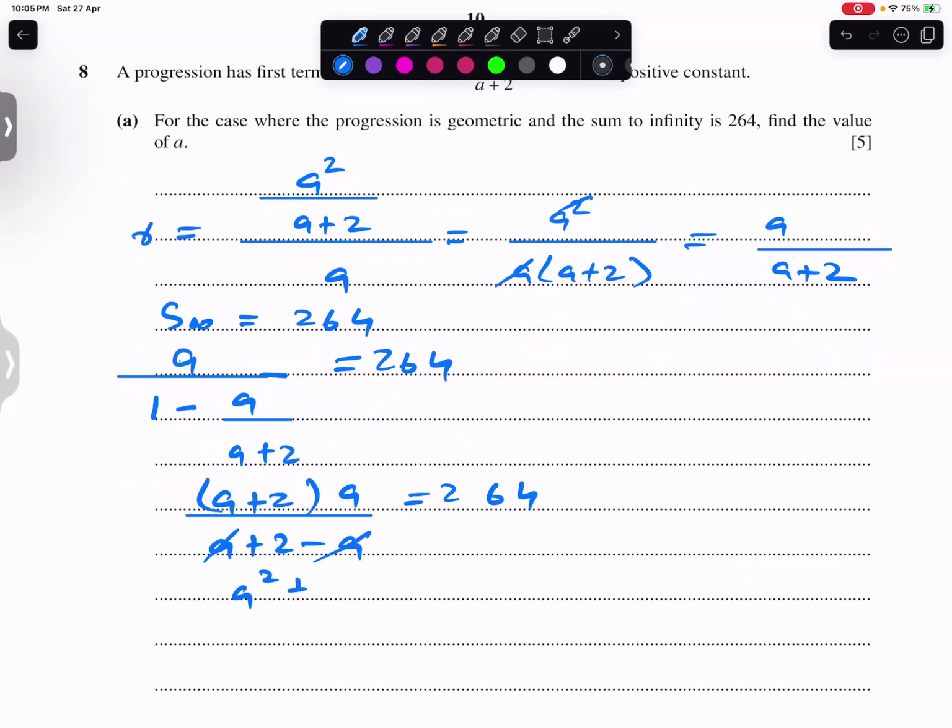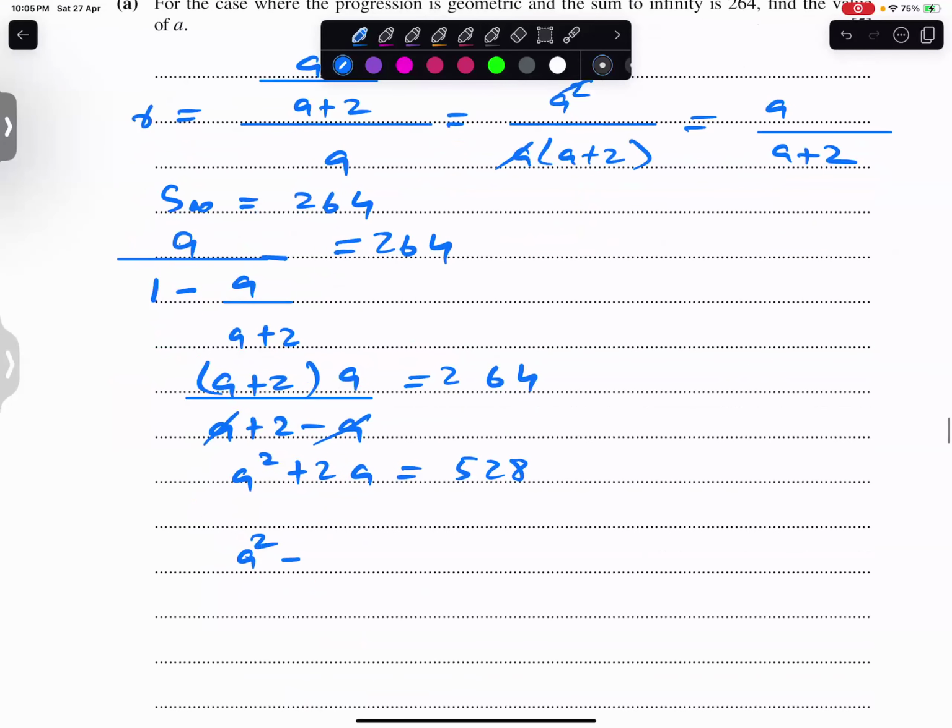So a squared plus 2a is equal to 264 times 2. 264 times 2 will be 528. So a squared plus 2a minus 528 equals 0.